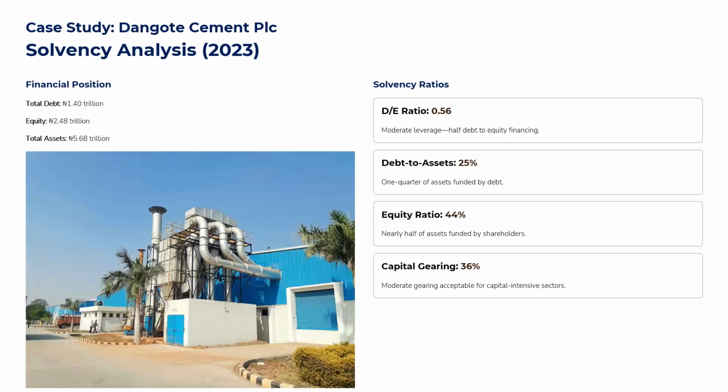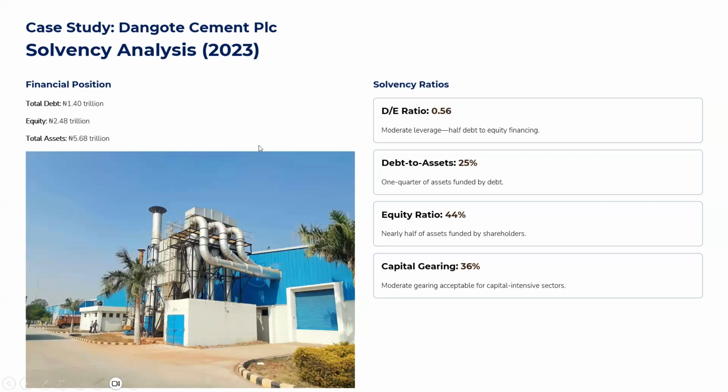And 44% is close to half, which means that your equity is almost half of the business. Although this is still fair, the company can do better in terms of solvency. The moment your equity ratio is below 50%, it can be very risky.